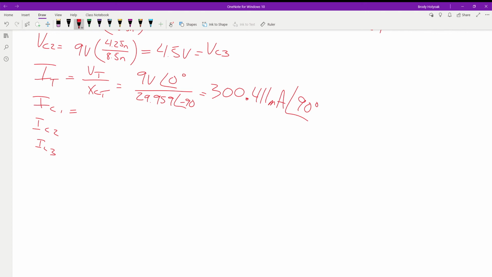Okay, so what voltage? 4.5 volts. And the reactance is? Okay, so what's the current?